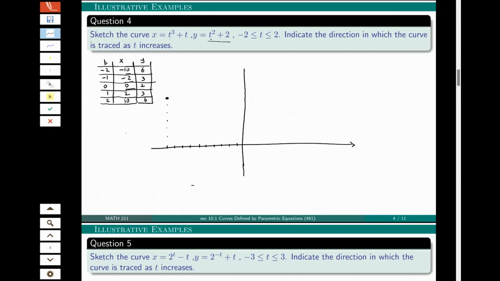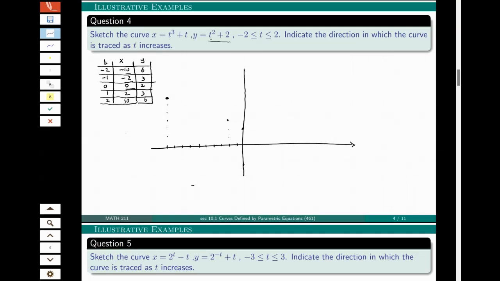That's the first point. Minus 2 and 1, 2, 3. Okay. And we have 0 and 2.